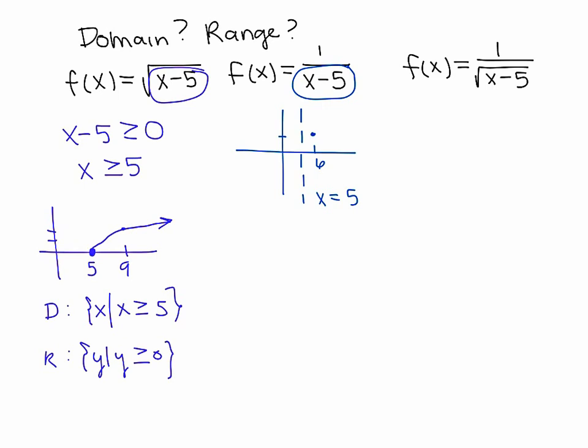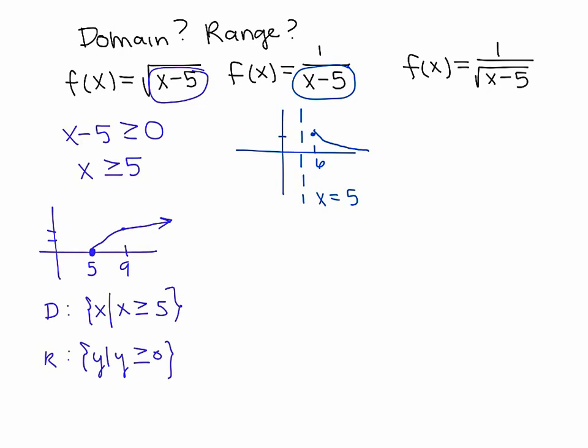What happens when you do that? For example, 1 divided by 10, 1 divided by 20, 1 divided by 100,000, the number gets smaller and smaller and smaller. So from 6, it gets smaller and smaller, so it gets close to 0, but it's not going to pass the x-axis.